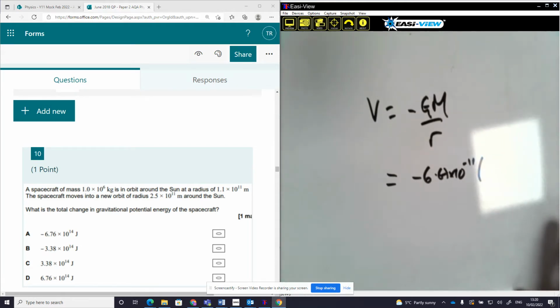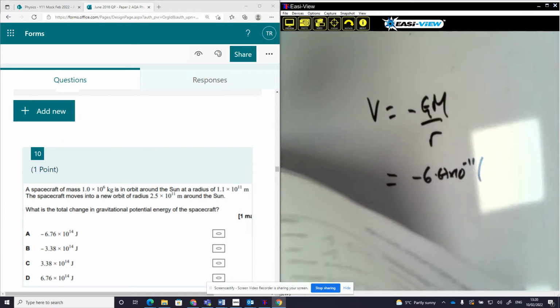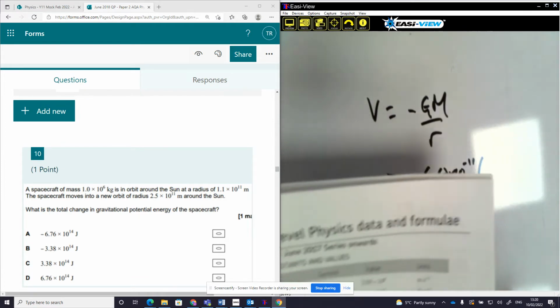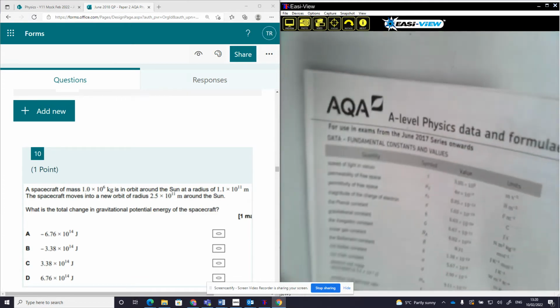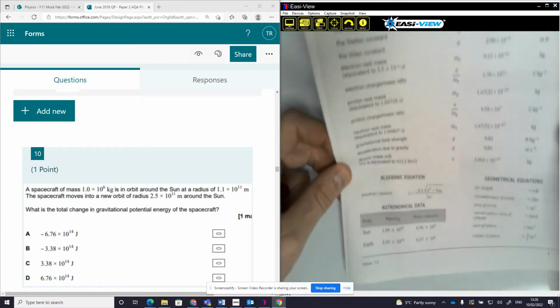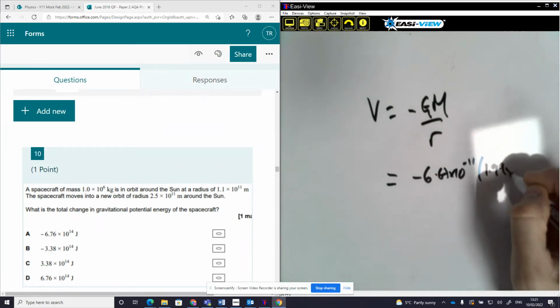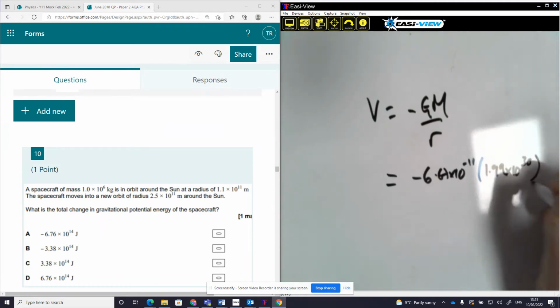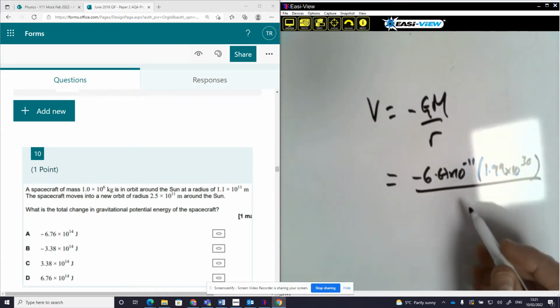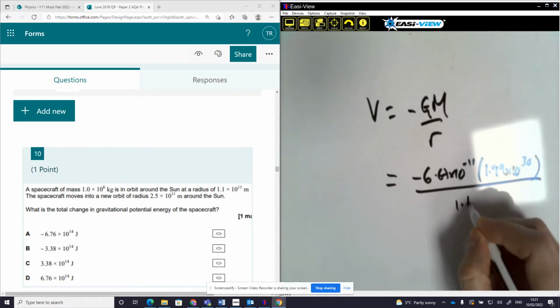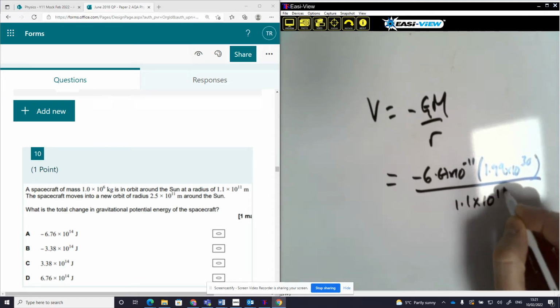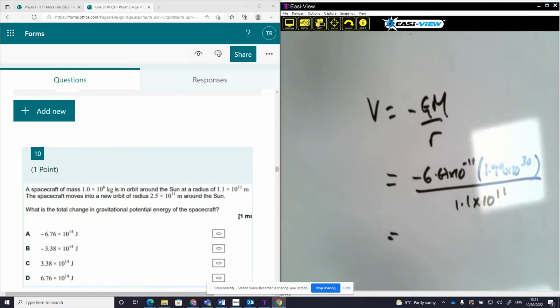We need to be careful that we're not using the mass of the spacecraft, because it's moving in the sun's gravitational potential. We're given the mass of the sun, 1.99 times 10 to the 30. And then we've got the distance at that first point, 1.1 times 10 to the 11. So that's our initial potential.